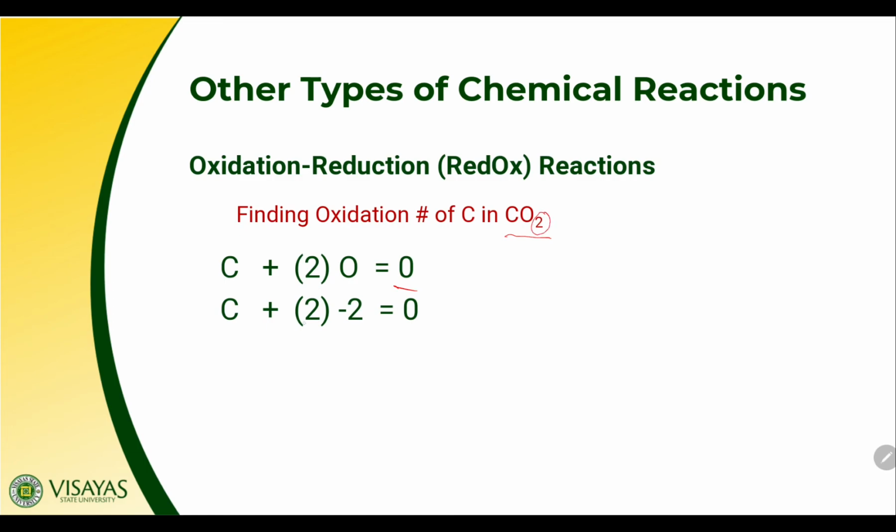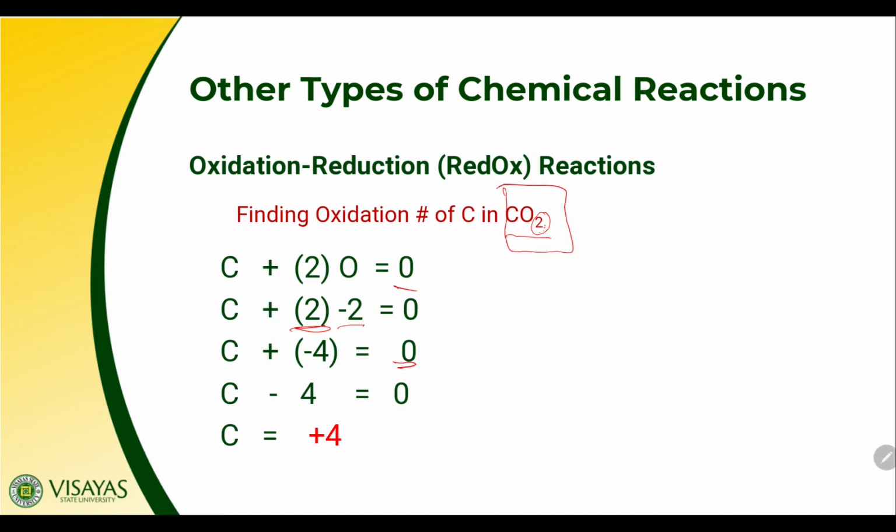Since we have a 2 here, this is the 2 for the 2 oxygen atoms. So we multiply the 2 subscript here by the oxidation number of oxygen, which is negative 2. So we have a negative 4. Therefore, to get a 0, the oxidation number of carbon should be positive 4, no? Because carbon dioxide is a neutral compound.